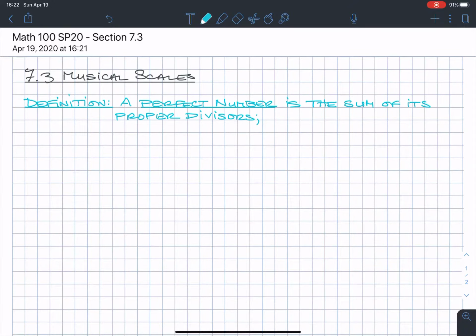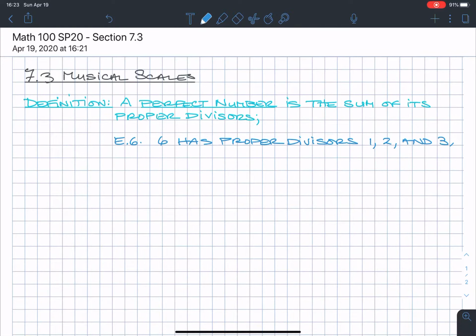So for example, 6 has proper divisors 1, 2, and 3.